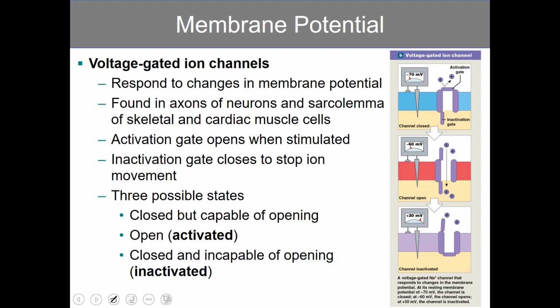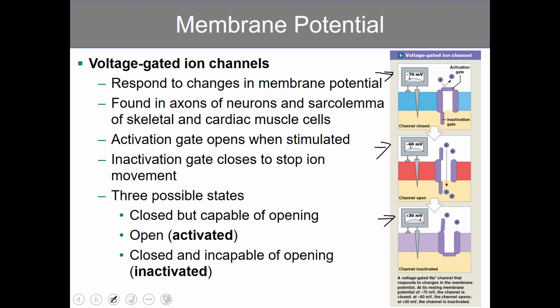Voltage-gated ion channels respond to changes in that transmembrane potential. Here we see changes from -70 to -60 to even +30. So as the transmembrane potential moves from -70 to -60, we get the voltage-gated ion channels opening.